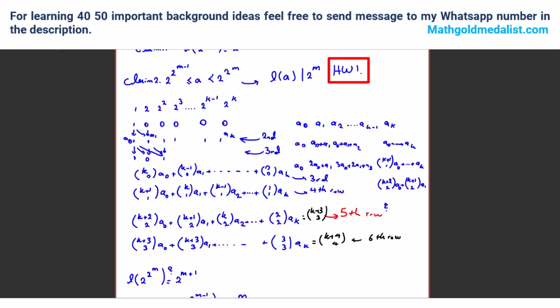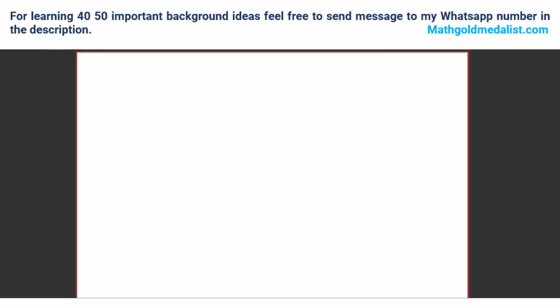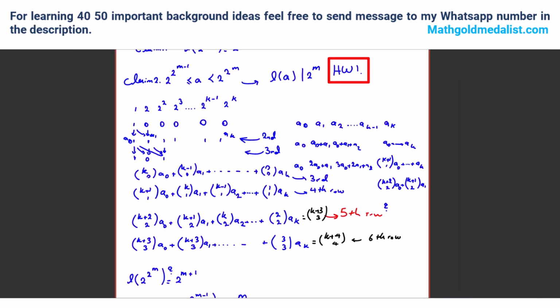So, for 2 to the k, we can say the tth row is what? The kth row is k plus t minus 2 choose t minus 2, right?